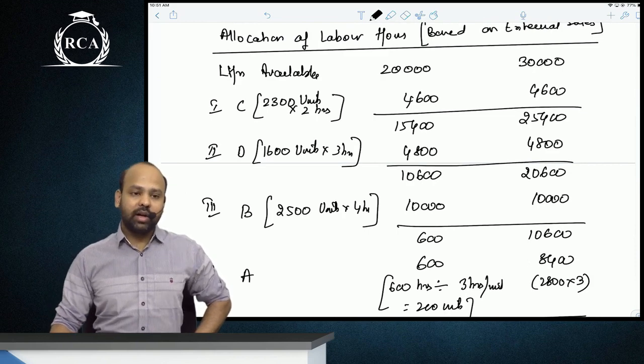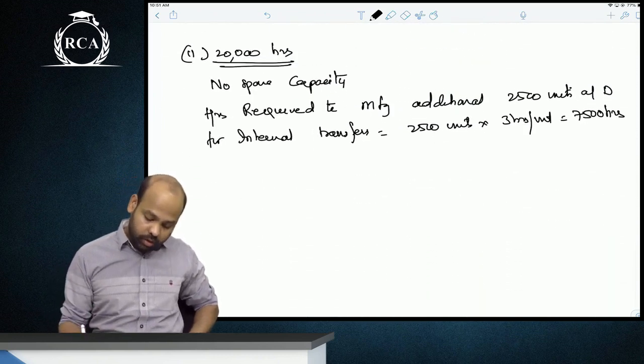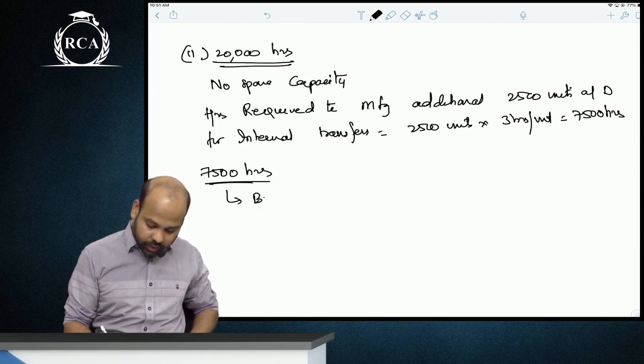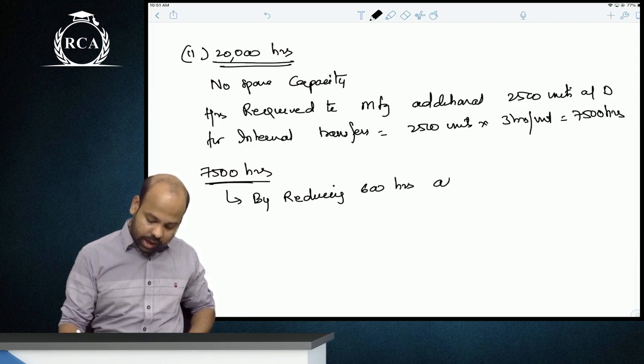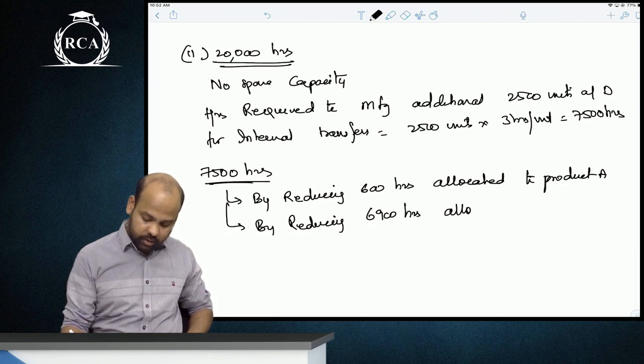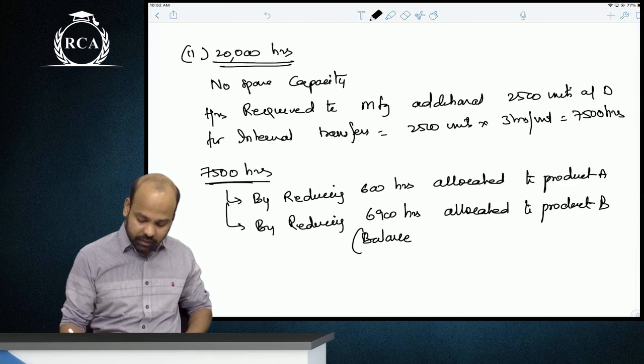You allocated 600 hours to product A. You allocated 10,000 hours to product B. So the only alternative is that the 7,500 hours will be generated by reducing the 600 hours allocated to product A, and by reducing 6,900 hours allocated to product B. Balance is 7,500 minus 600.